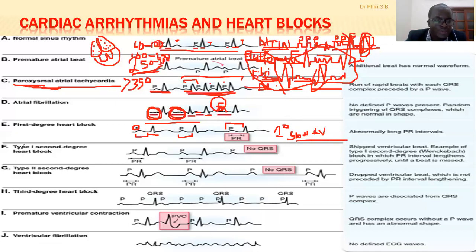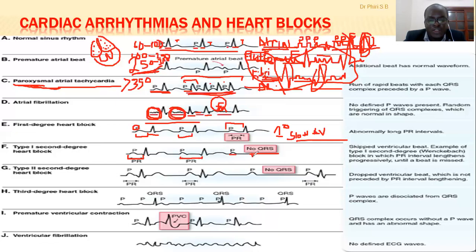And then you have the type 1 second degree heart block. In type 1 second degree heart block, what you need to know is that you have progressive prolongation or elongation of the PR interval. So you have this PR interval that is progressively becoming longer, then the other P wave won't be conducted. You have a missing QRS complex. So this P wave is not conducted.